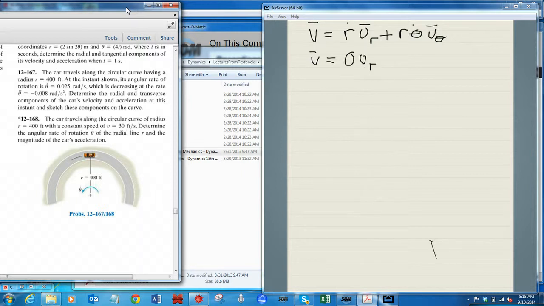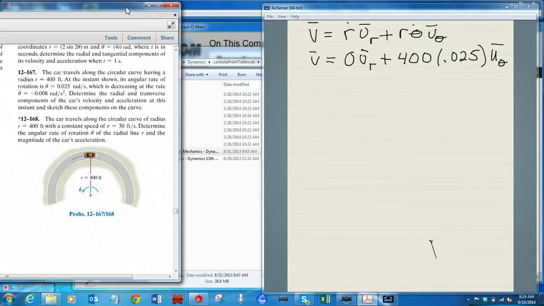U_R plus, what's the R? 400 feet. What's theta dot? 0.025. And that'll be in the U theta. Okay, can you solve that?